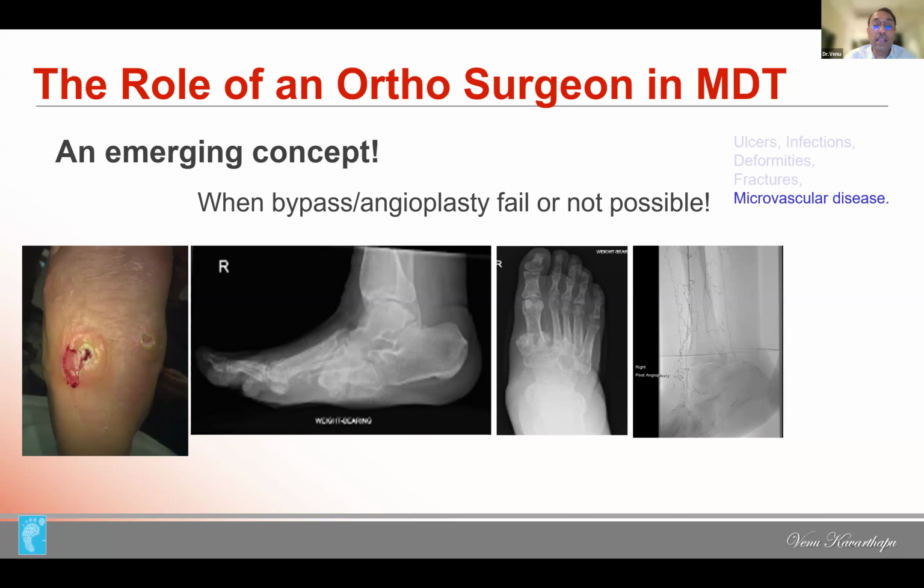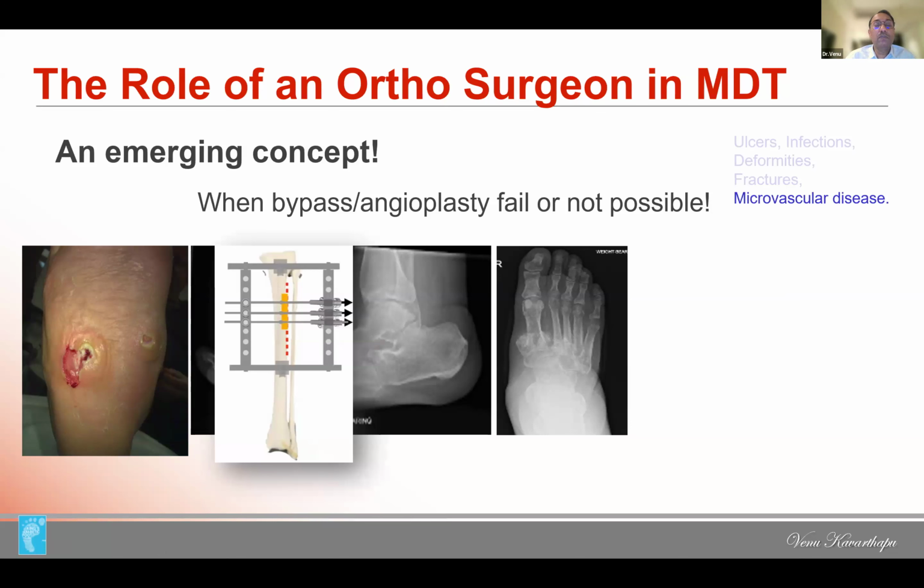And in this patient who had a transmet amputation on the other side, on the left side, but with chronic non-healing right midfoot ulcer and Charcot foot, we have decided to go through limb salvage procedure because he's a young patient, 46.